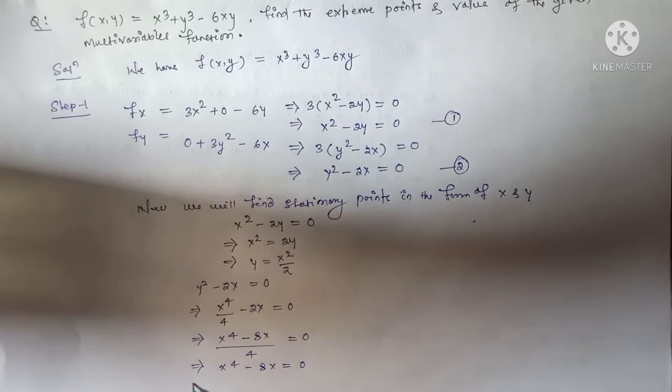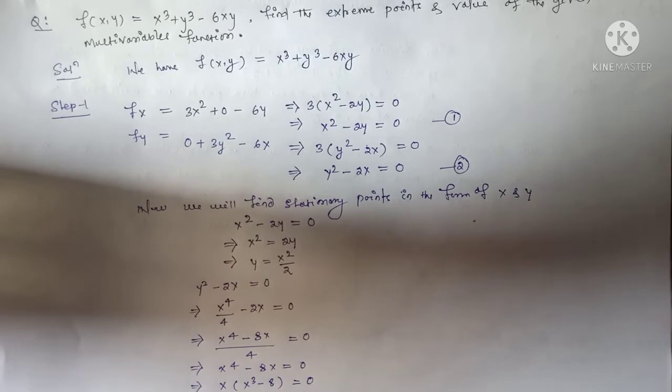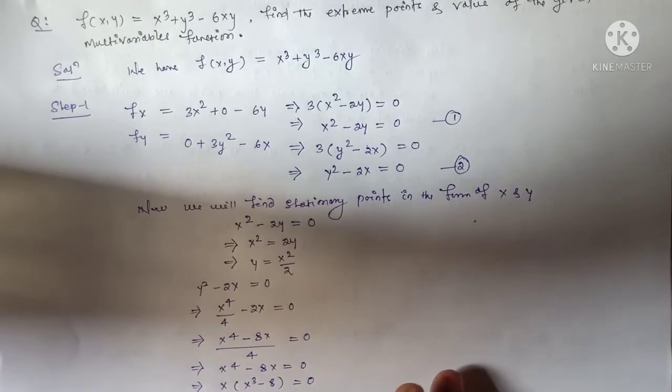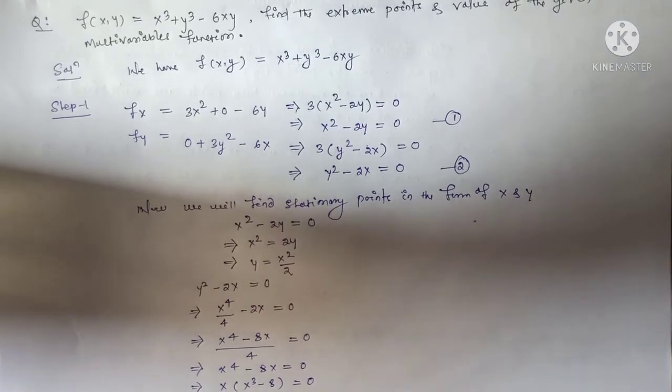So here taking x common, we have in the bracket x cube minus 8 is equal to 0, right? So x is equal to 0, and x cube minus 8 is equal to 0 means x is equal to 2. So we get x is equal to 0 and 2. Now we have to find the value of y.